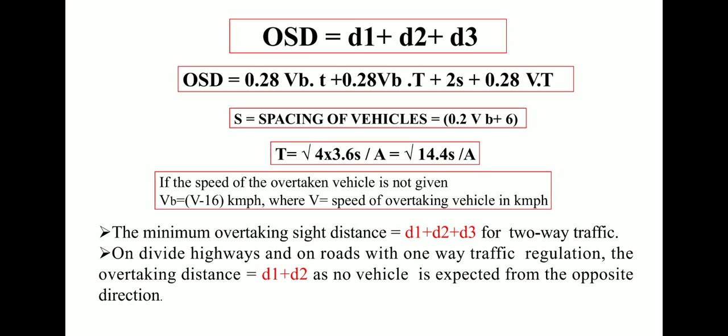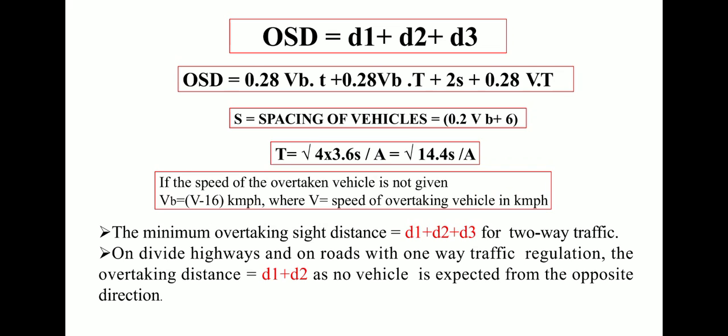Now what will be the total distance traversed by vehicle A? The overtaking sight distance will be equal to d1 plus d2 plus d3. If we use the previous formula and find out the overtaking sight distance, we will come to the conclusion that OSD is equal to 0.28 VB into t plus 0.28 VB into T plus 2s plus 0.28 V into T. S is the spacing of the vehicles.